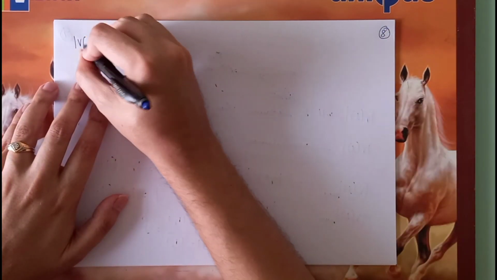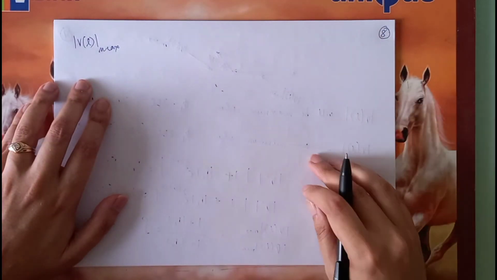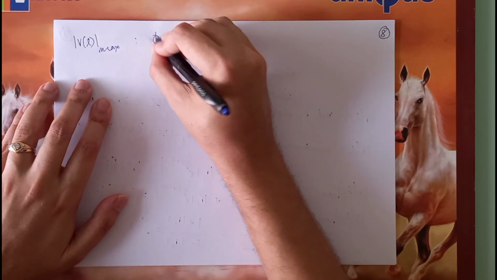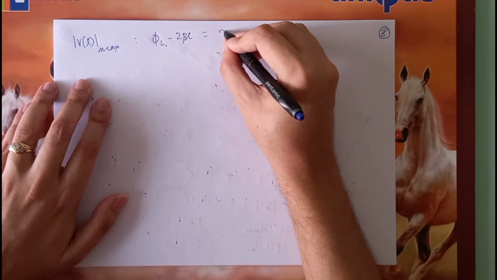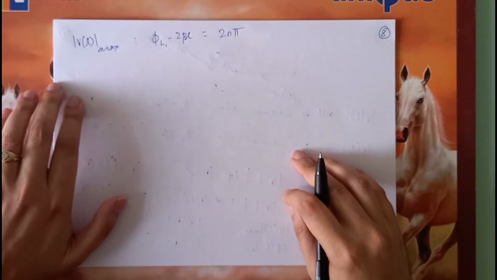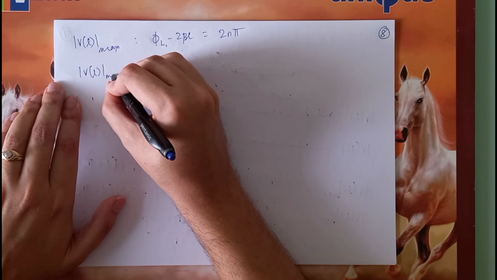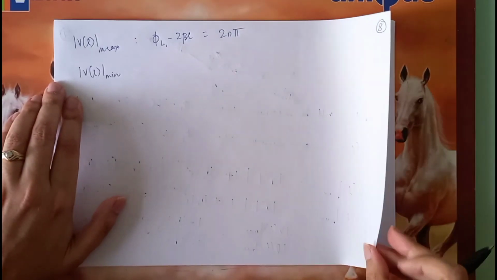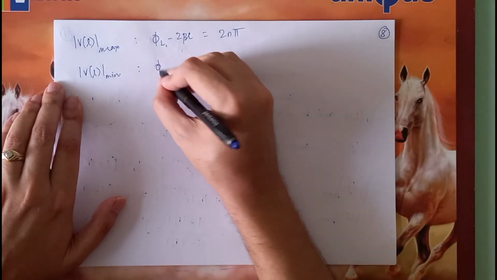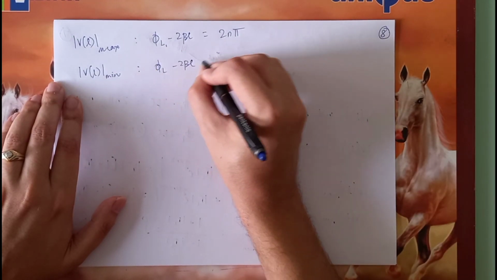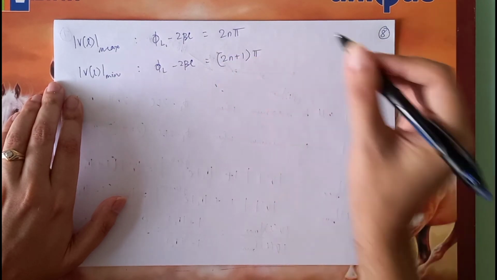So we saw VL max happens when phi L minus 2 beta L is 2n pi. And we saw that the minima in VL happens when phi L minus 2 beta L is an odd multiple of pi.